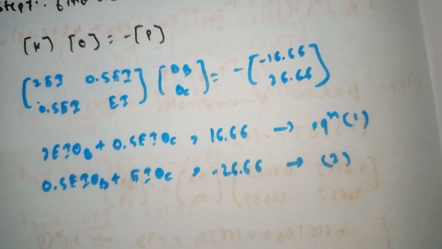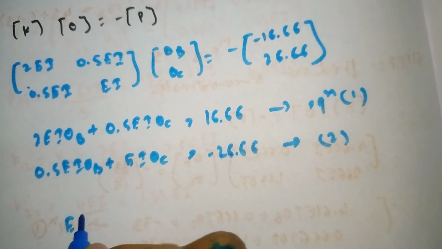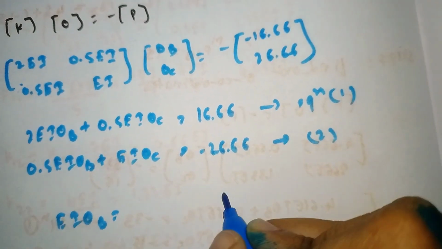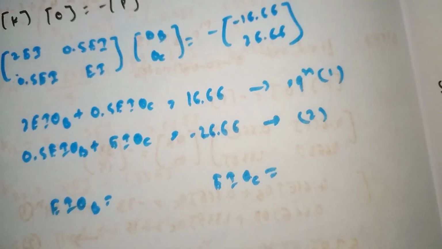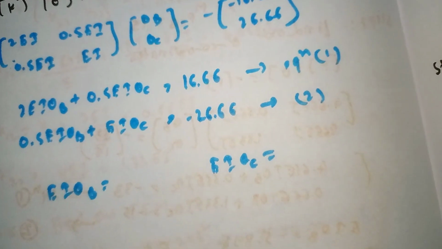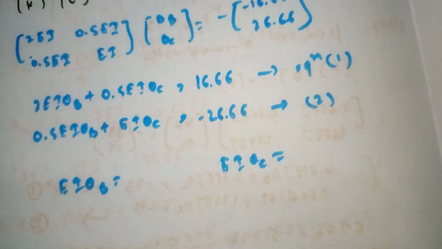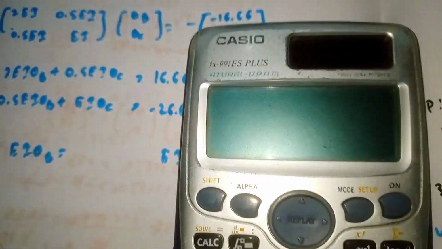Now we need to find EI theta B as well as EI theta C. By using these two equations we will find the EI theta B value as well as EI theta C. Using a calculator, I will show you.